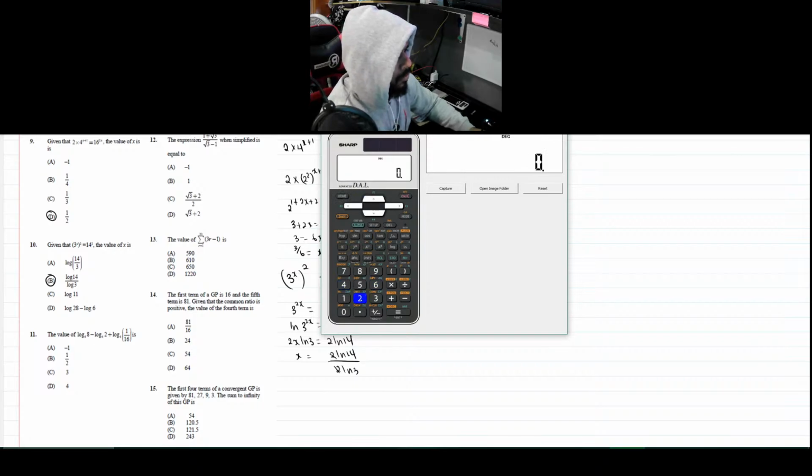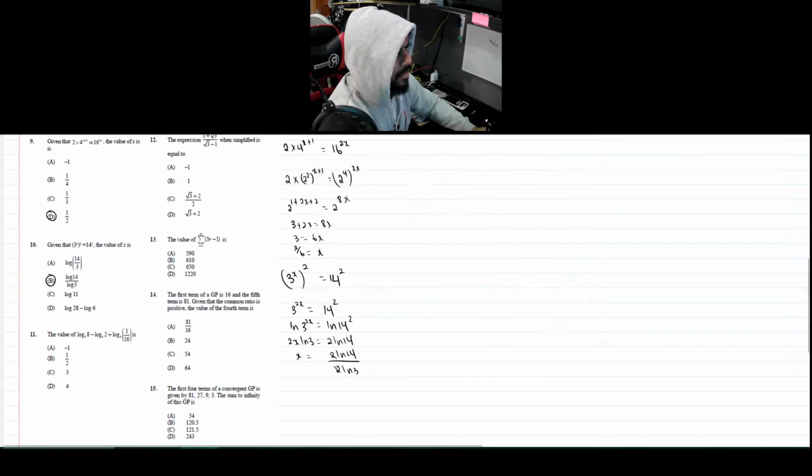2 multiplied by 4 to the power a half plus 1 is equal to 5, and 16 to the power of 2 by a half. I get 16, so a half is not the answer.